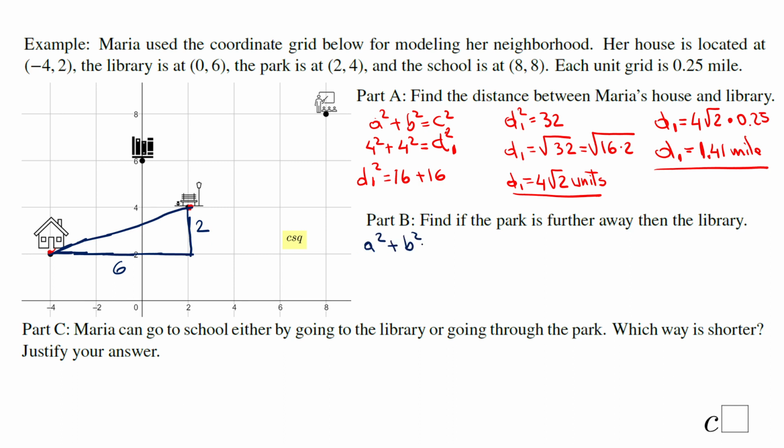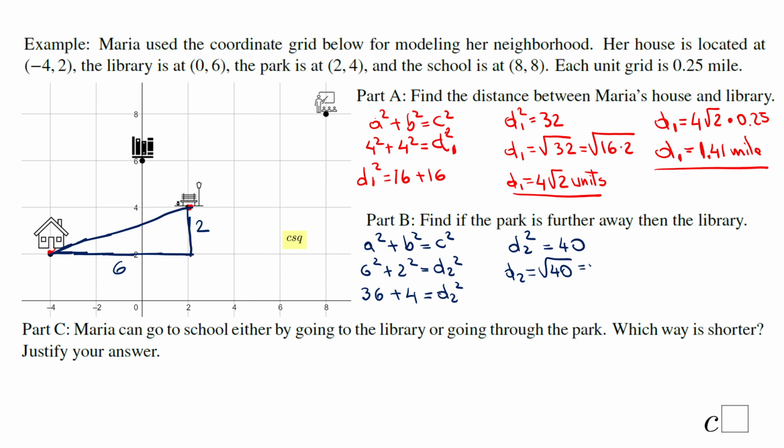a squared plus b squared equals c squared, and we're going to have here 6 squared plus 2 squared equals c squared. We're going to have 36 plus 4, and let's rename that c d2, because it's the distance between these two locations, the house and the park. So now d2 squared is 40, so d2 will be the square root of 40, that's excellent.